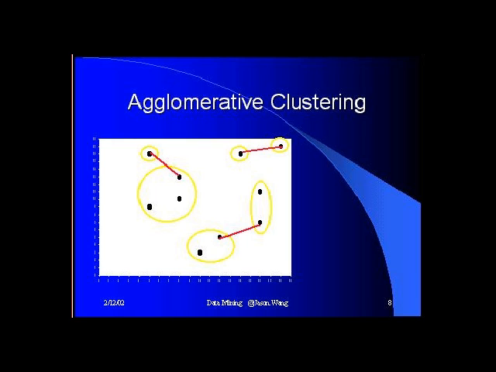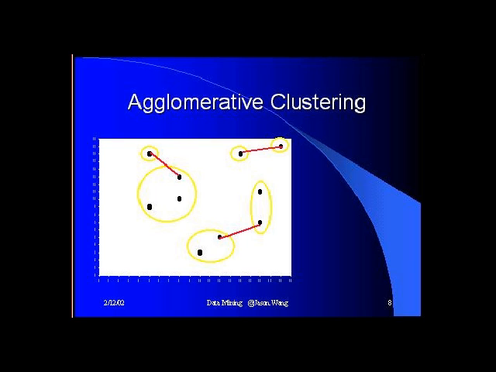The distance between these 2 clusters is defined as the distance between these 2 data points, okay? Why? Because the distance between this point is too large. The distance between these 2 points is still larger than the distance between these 2 points. So the distance between these 2 data points represents the distance between the 2 corresponding clusters.